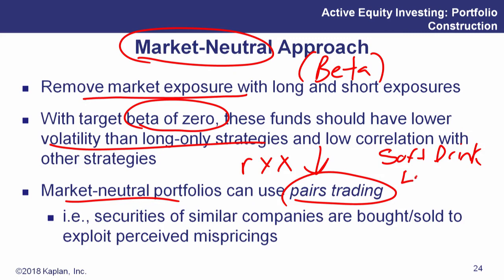Maybe you like Pepsi because they don't get as much of their product from this hurricane high-risk area, and they have other things like food and snacks that they sell, and maybe you want to sell Coke. So they're both in the same soft drink industry, but I'm long Pepsi and I'm short Coke. That's pair trading. So we can do this in a lot of companies. Maybe you really like Apple, you don't like Google or something like that.